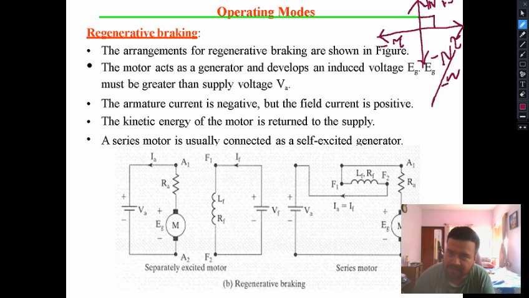During motoring it was in the first quadrant because both speed and torque were positive, but during regenerative braking your torque has got reversed. But your speed is unchanged. So there is a shift from the first quadrant to the second quadrant.